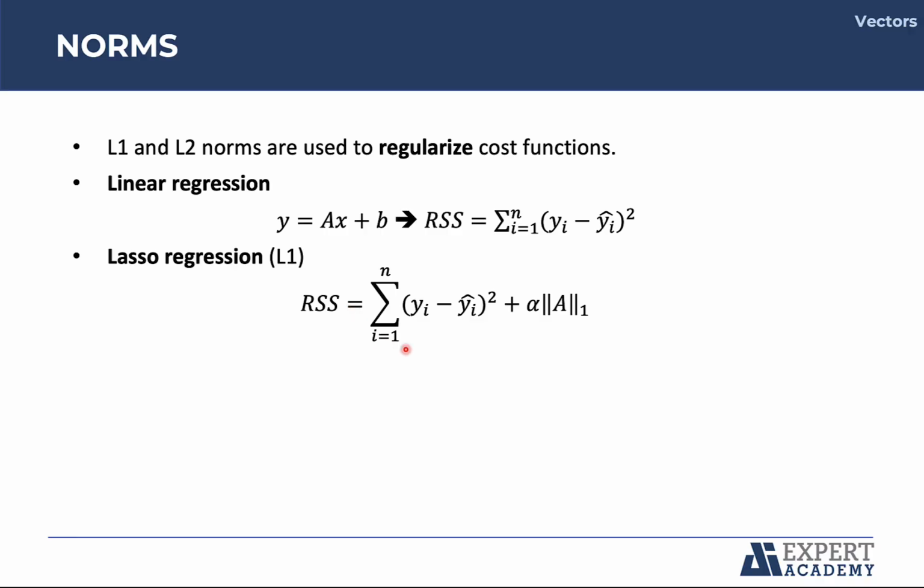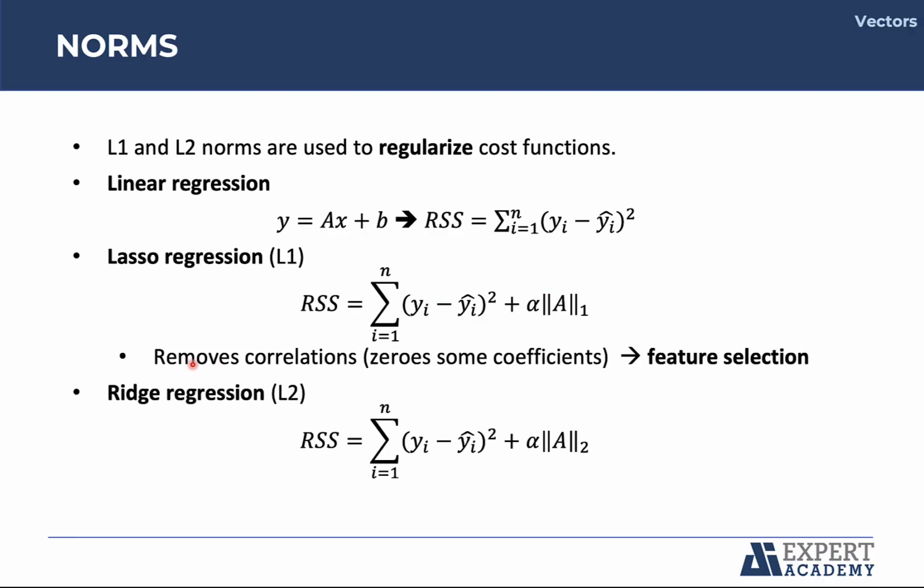We can see that this first part of the equation is the same, but at the end we have the regularization with the addition of a penalty, which is a function of the L1 norm of matrix A. This letter alpha here is a coefficient informed by the developer that determines the weight of the penalty.